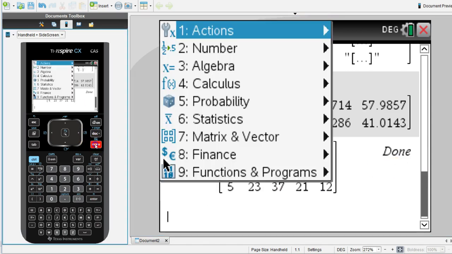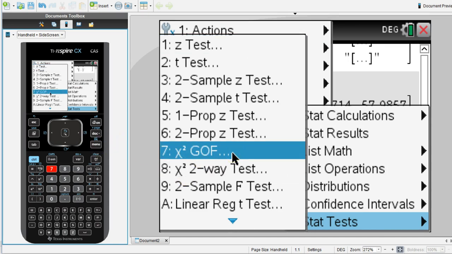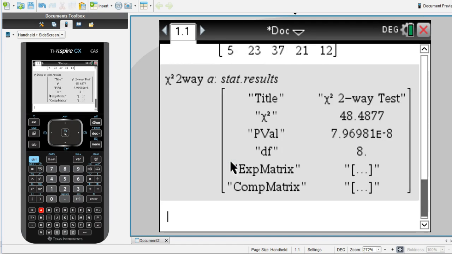Once you have that, menu, statistics, tests, chi-squared, not goodness of fit, not one category. We have multiple categories that we're comparing. It's a two-way table, two-way test. Our observed is in. Done. What do I write down?